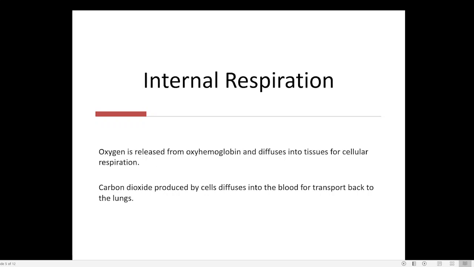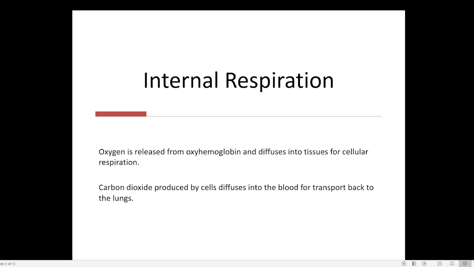Then another phase is known as internal respiration. Oxygen is released from oxyhemoglobin. What is oxyhemoglobin? When we are studying about the blood, we know that RBC is full of hemoglobin. And this hemoglobin, when combined with oxygen, becomes oxyhemoglobin.